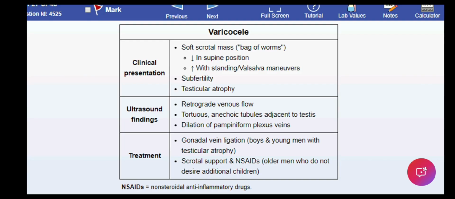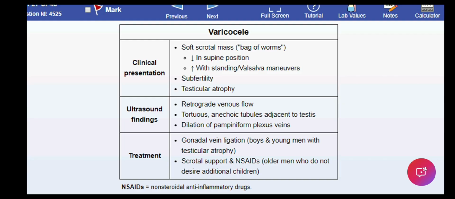We'll see subfertility, meaning not infertility, just subfertility. Not that good, not that bad. We'll see testicular atrophy. This is the bad one. We'll see retrograde venous flow, tortuous anechoic tubules next to the testis, dilation of the pampiniform venous plexus.